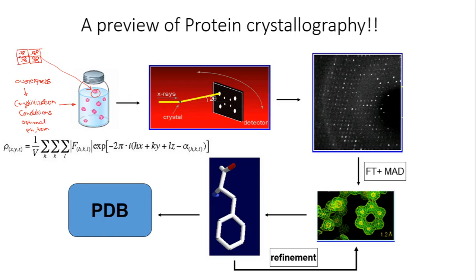And each unit of your crystal can be considered as an asymmetric unit. So your crystal would contain a lot of asymmetric units. Now say you have obtained your protein crystals by any of the methods like the hanging drop technique.